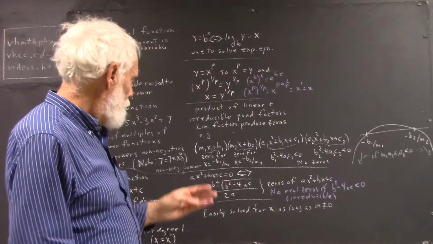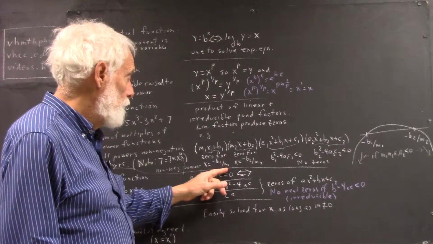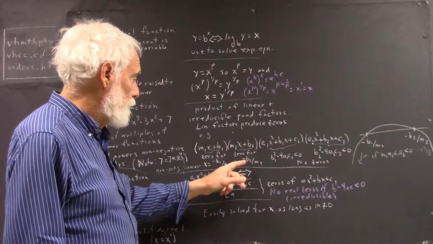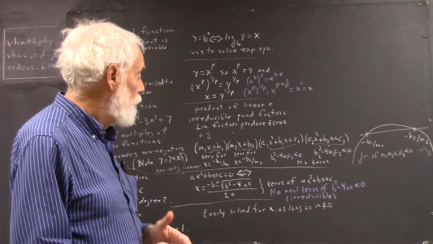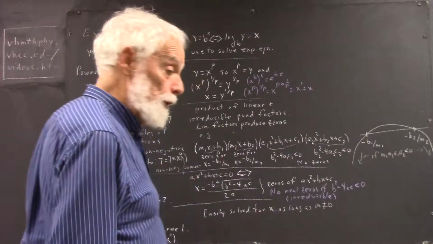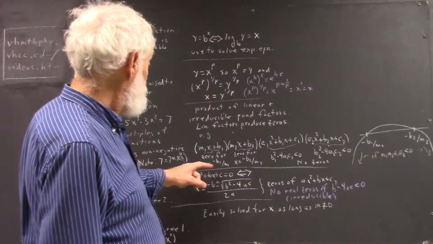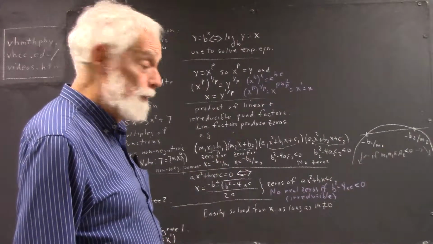Okay, and over here I've written down that this factor is 0 for x equals negative b1 over m1. This factor is 0 for x equals negative b2 over m2. So this particular polynomial would have a 0 corresponding to this factor, a 0 corresponding to this factor.